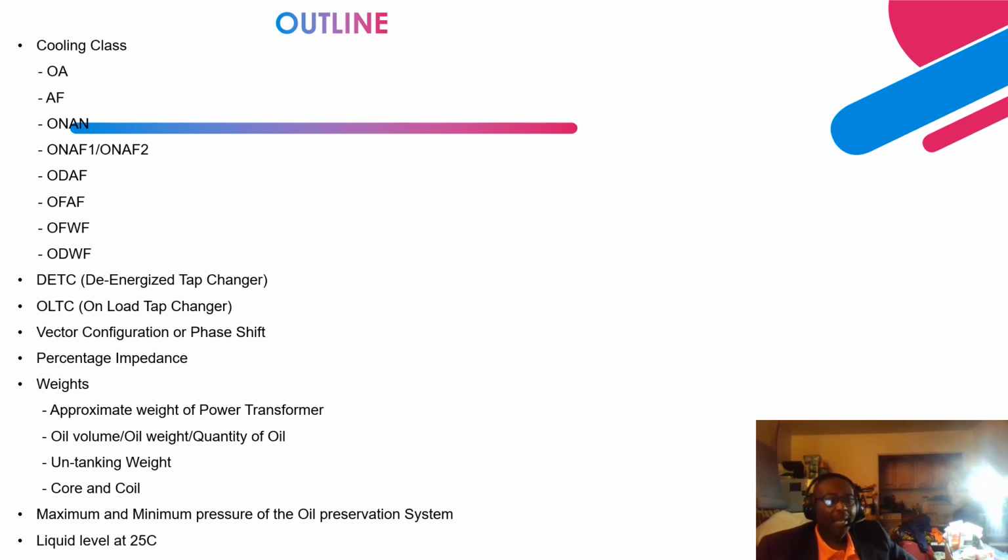AN means that the air is flowing naturally, so you have natural flow of air over the surface of the radiator. There are no fans. That is what ONAN means: oil natural, air natural. There is no forced cooling in that cooling class. Next is ONAF 1, ONAF 2.